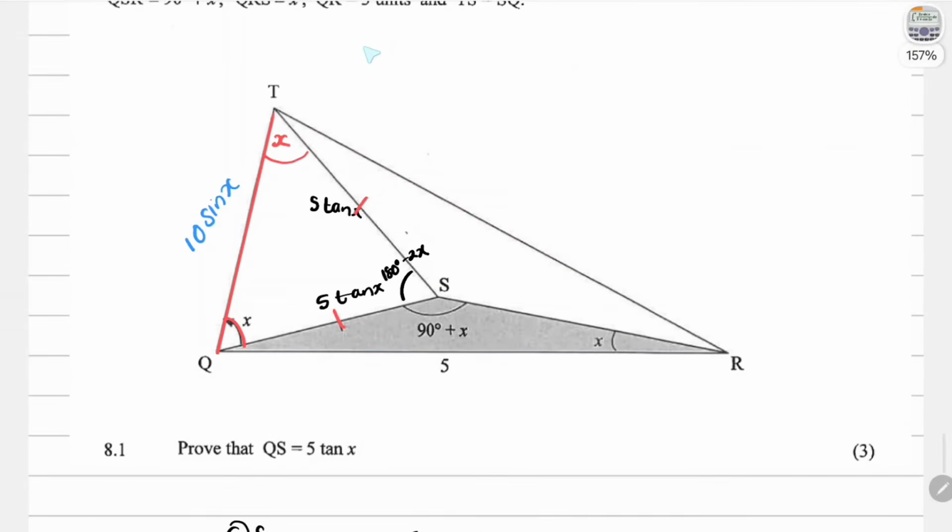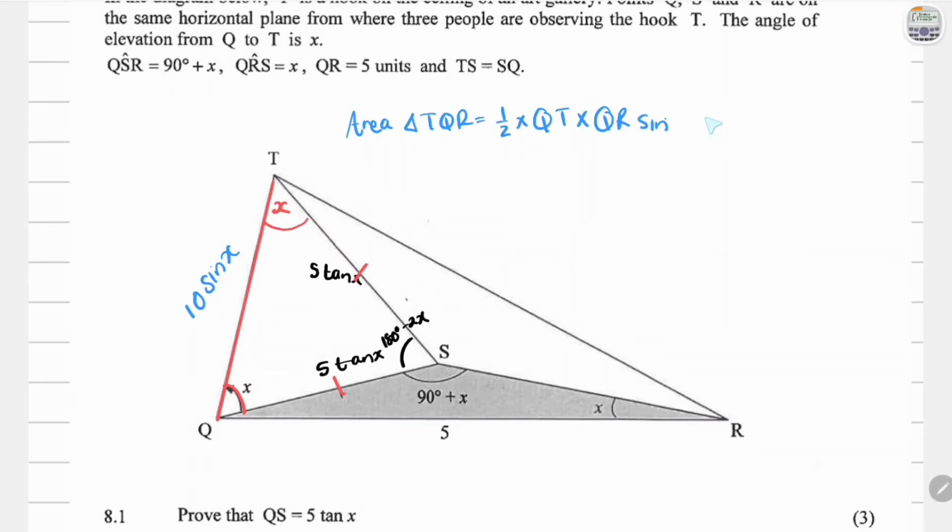And what it's going to look like is that the area of triangle TQR is simply equal to a half multiplied by the side QT. We can't just write it down in full first. That's QT multiplied by the other side QR, which we know is 5 units, and then sine of that center angle, which they told us the size of, which is that angle TQR again. So that's what our formula would look like.